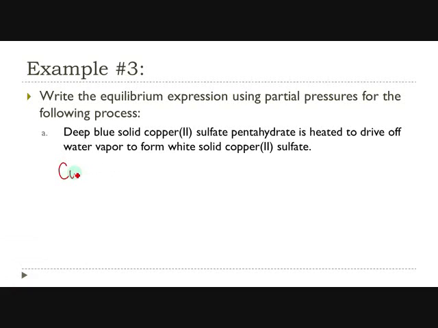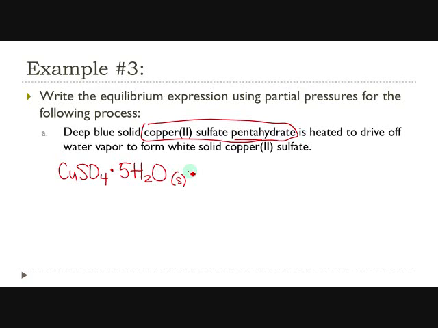CuSO4. And then anytime that you have a hydrate, you put a dot, and when it's pentahydrate, that means that there are 5 waters. So the CuSO4 5H2O is all of the copper 2 sulfate pentahydrate. Okay? So if you ever see that, that's what that means.